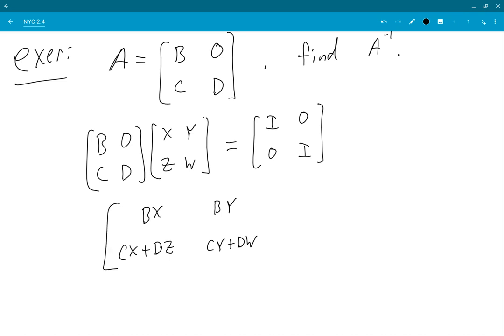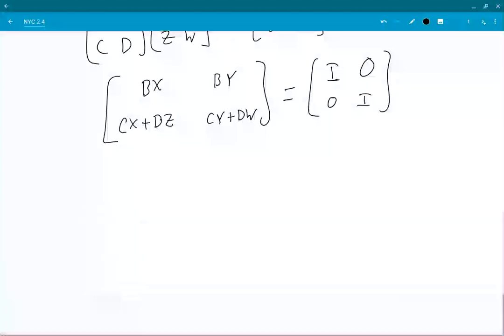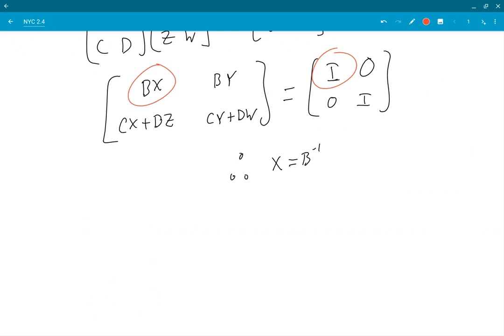So expanding the left-hand side equal to the right-hand side, immediately I see that x is B inverse, just by looking at this and this.